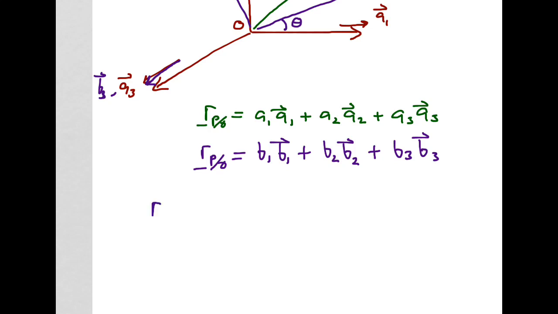So what we say is R of P with respect to O. If we take this vector and describe it in the basis that's fixed within reference frame A, then our scalars are A1, A2, and A3.